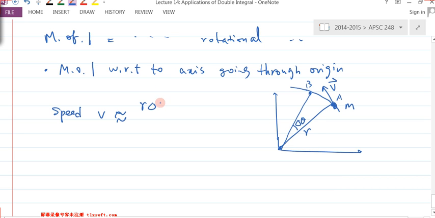The arc length AB is approximately r times delta theta, and delta t is the time it takes to go from A to B. If you take delta theta to be very, very small, then v is approximately r d theta over dt. That's speed equal to r d theta over dt, and the derivative of the angle theta is called omega, the angular speed.